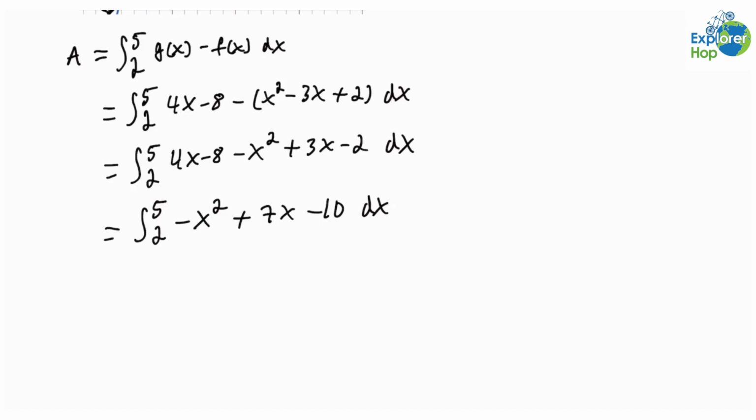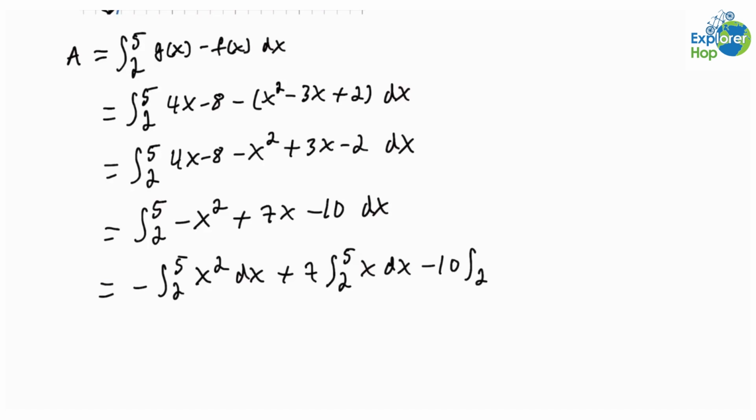And now applying the sum/difference rule and constant multiple rule, we get that this is equal to negative of the definite integral from 2 to 5 of x squared plus 7 times the integral from 2 to 5 of x minus 10 times the integral from 2 to 5 of x to the 0.